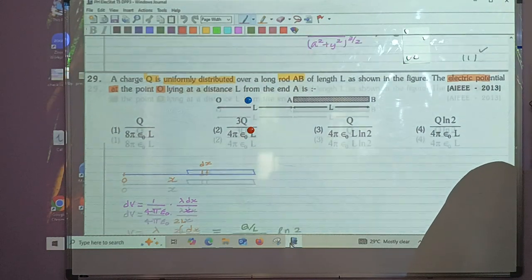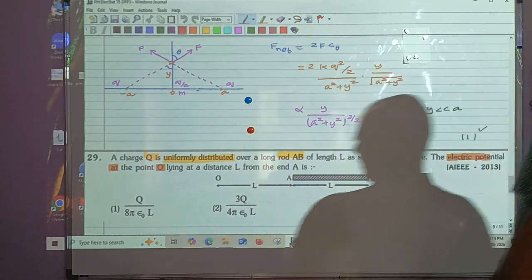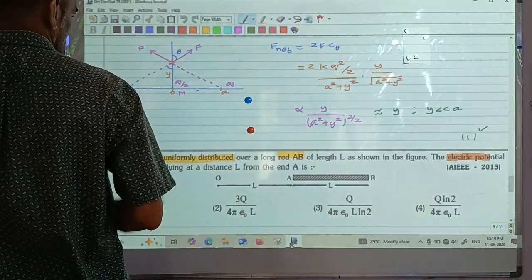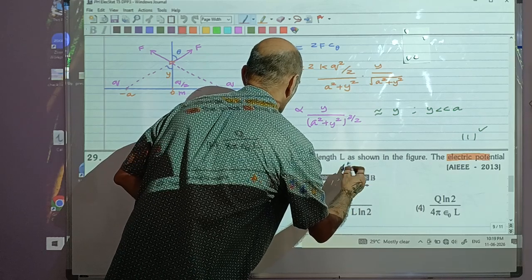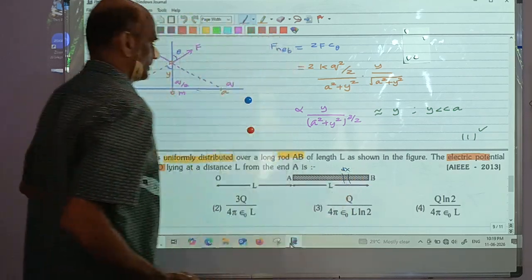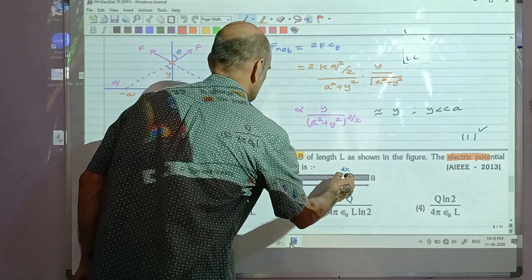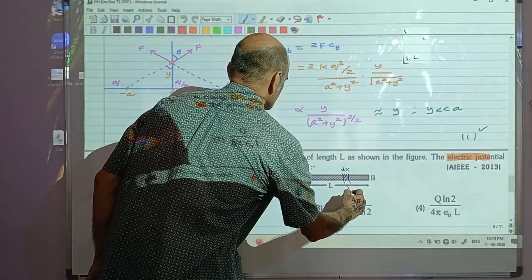For integration, we take a small length dl or dx, whatever, dx, with charge lambda into dx.